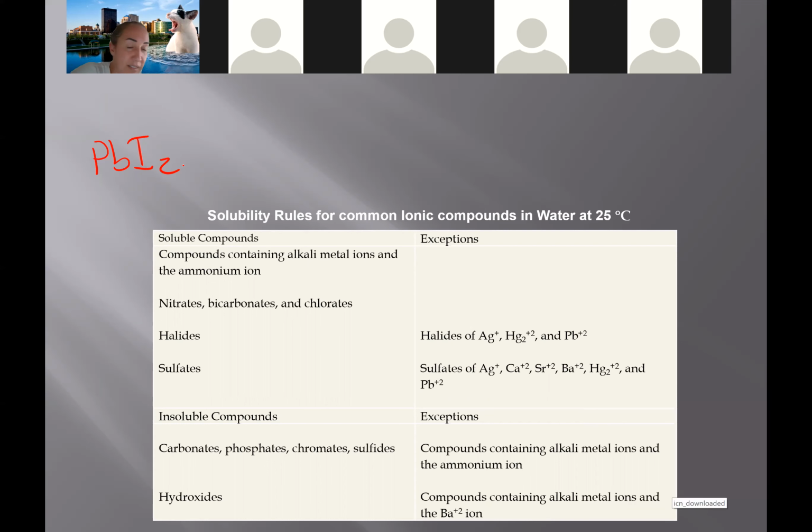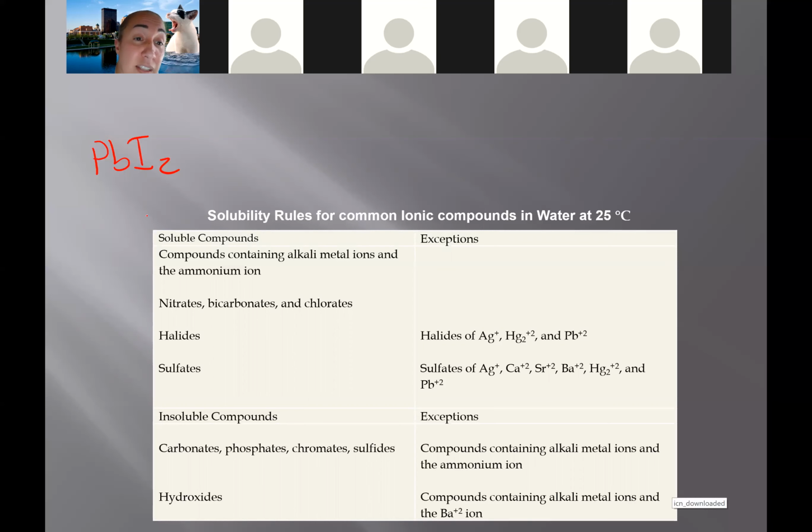What is a halide? A halogen ion. Okay, what is a halogen? What column is the halogen? The one right before the noble gases. Correct, the seventh column. So who in that compound is the halogen? Iodide. Iodine, exactly.